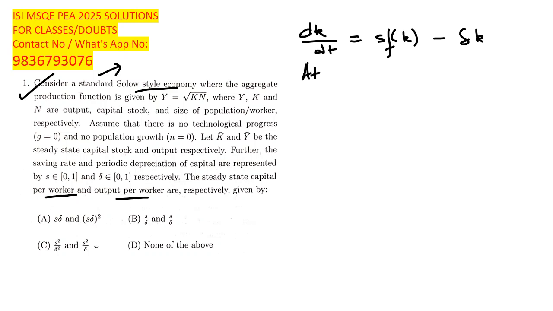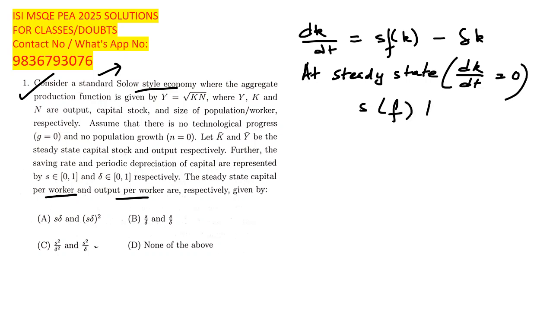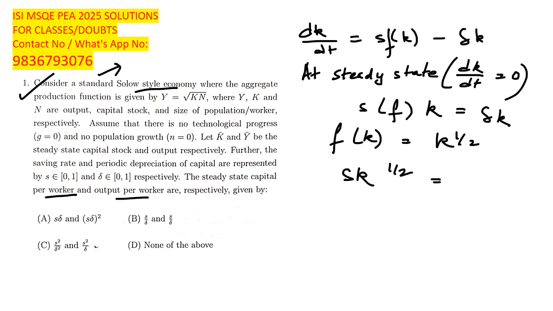Now at the steady state level, dk/dt = 0. So we have s f(k) = δk. Now we substitute what we found, f(k) = k^(1/2). So s k^(1/2) will be equal to δk.